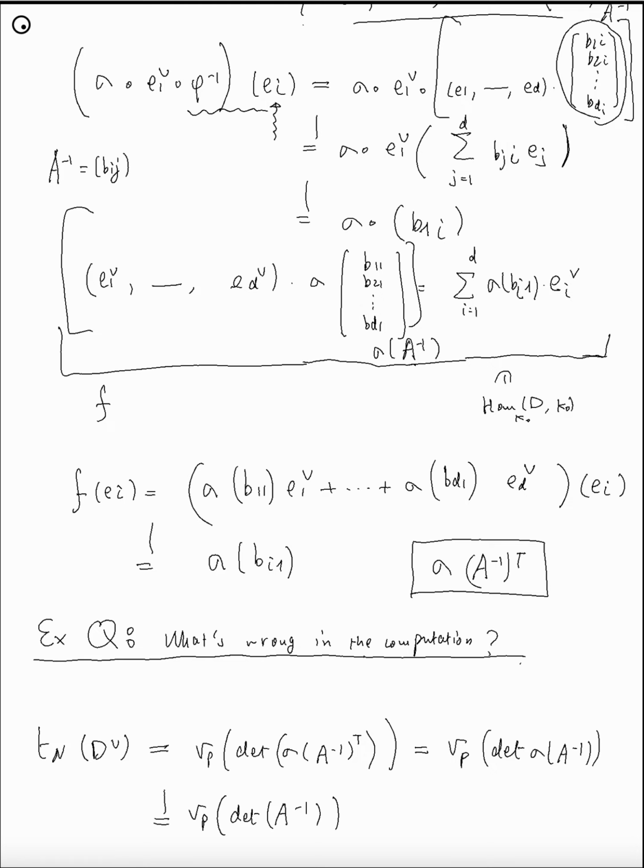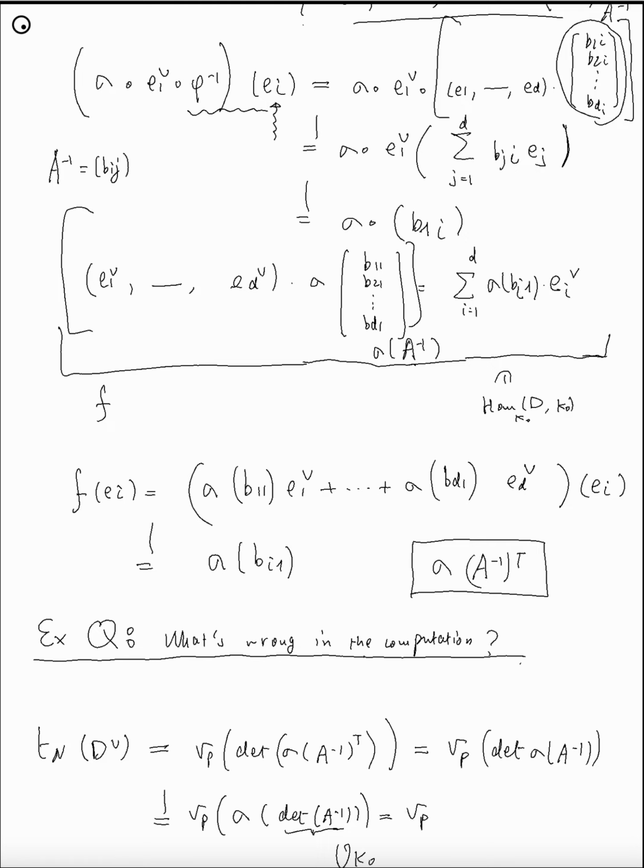For a similar reason, one more step, this is the sigma of the determinant of A inverse, and this is the element E again in WK, inverse equal K0.